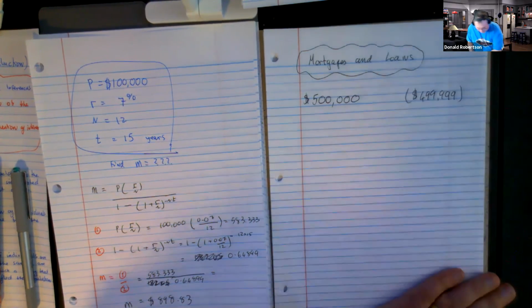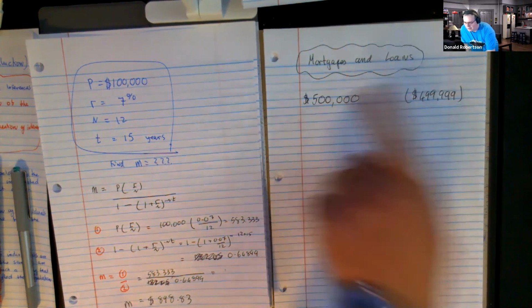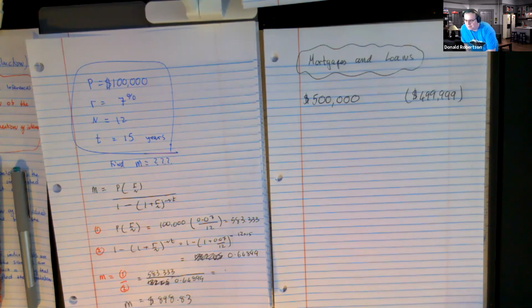Don't you very often end up buying it for $499,999 because for some reason it doesn't seem quite as expensive, right? And in some situations they actually do that. I think most people now don't fall for that one. Would you agree it's a $500,000 house and that's what it is, right?